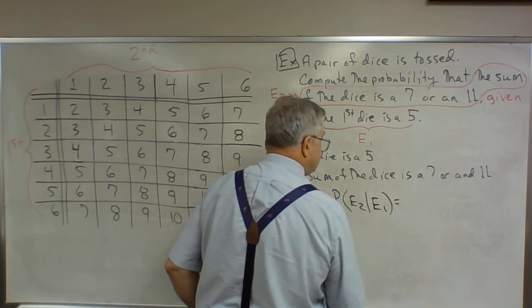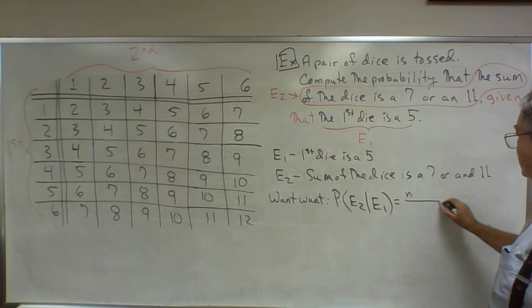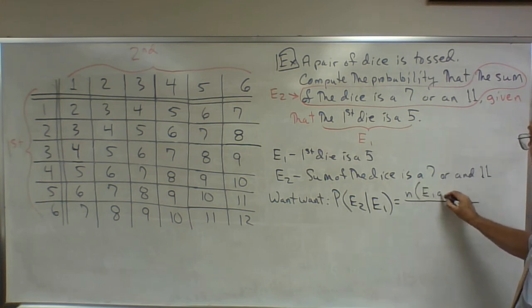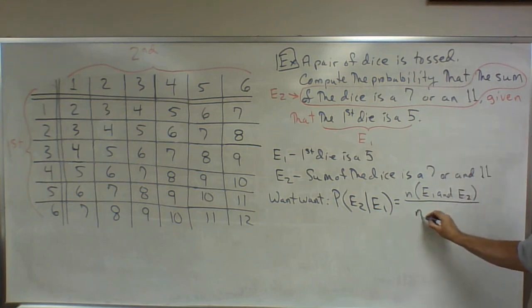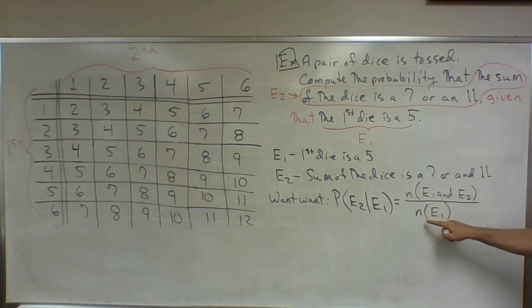According to our alternative formula, this is going to be the number of ways in which E1 and E2 are true over the number of ways in which E1 is true. That is, the number of outcomes resulting in both E1 and E2 over the number of outcomes resulting in E1.